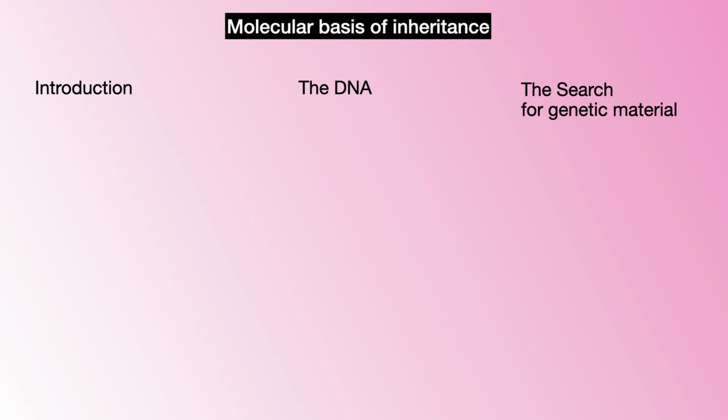RNA can directly code for the synthesis of proteins, hence it can easily express the characters. DNA is dependent on RNA for the synthesis of proteins. The protein synthesizing machinery has evolved around RNA.